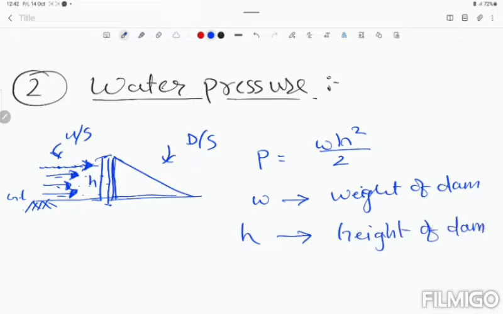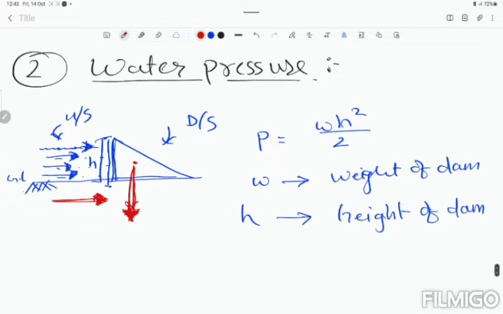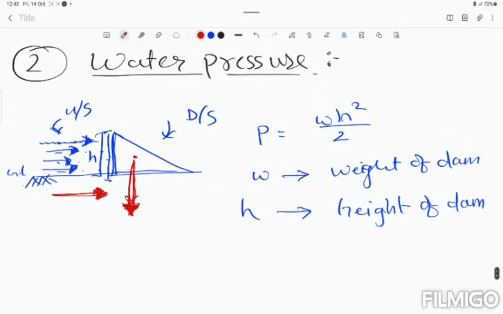The water pressure acts in this direction. The horizontal force tries to slide the dam, and the sliding is resisted by the resisting force of the self weight of the dam, under the vertical reaction. This is all about water pressure.